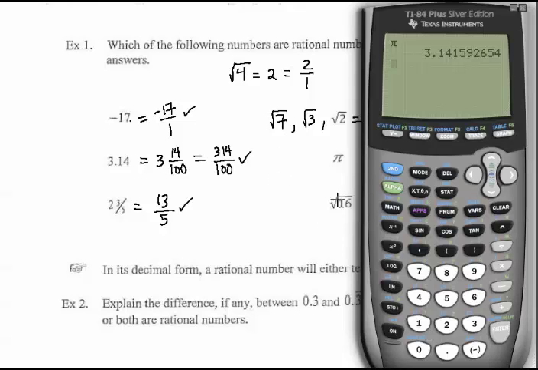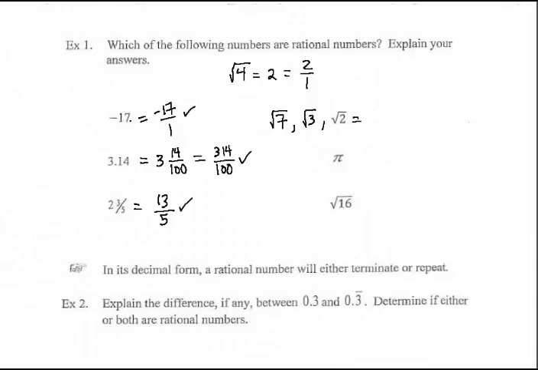Which brings us to our last example here. And it goes along with what I said at the top. 16 is a perfect square. So if we take the square root of it, then we get an integer. Square root of 16 is 4.